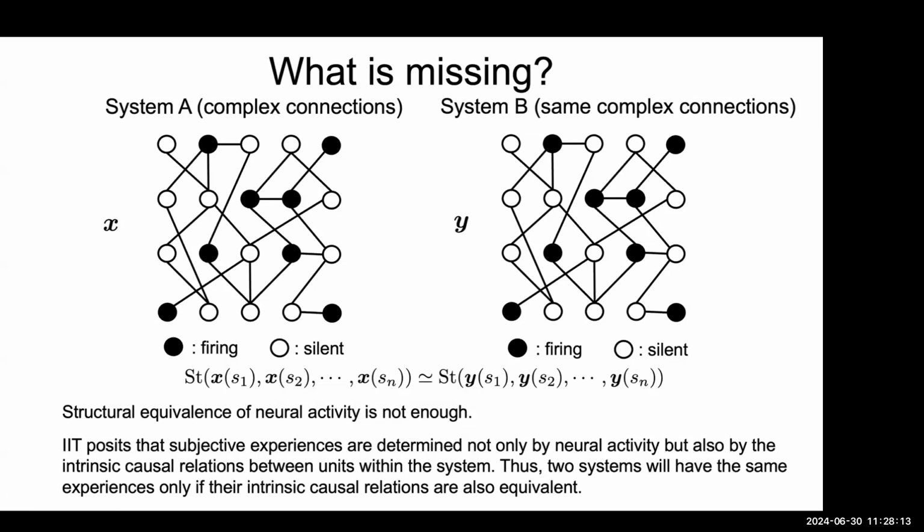So if we have exactly the same systems in terms of internal causal relations, then by inducing structurally equivalent neural activity in Y, we are sure that the two systems will have the same experiences. That's what IIT expects.